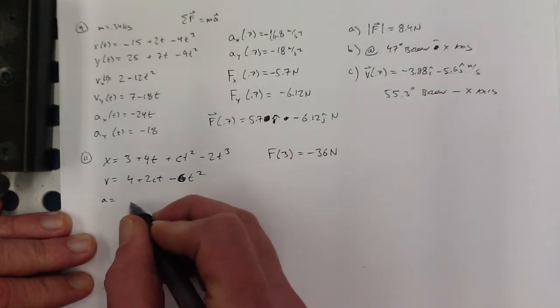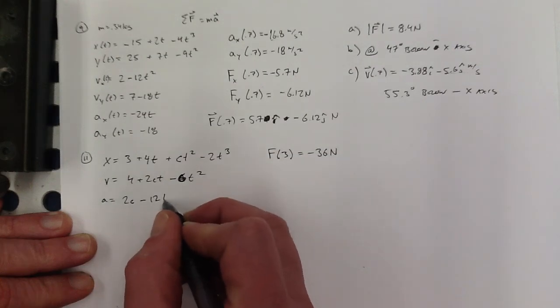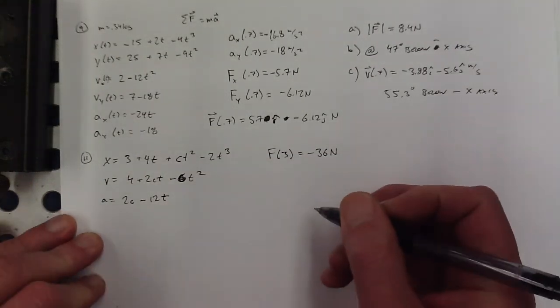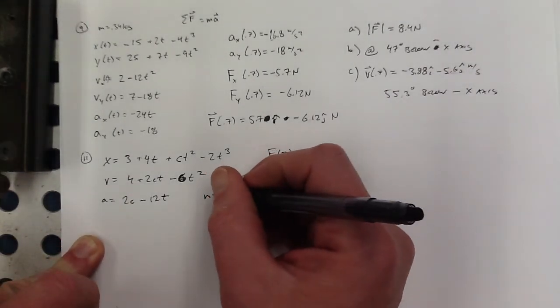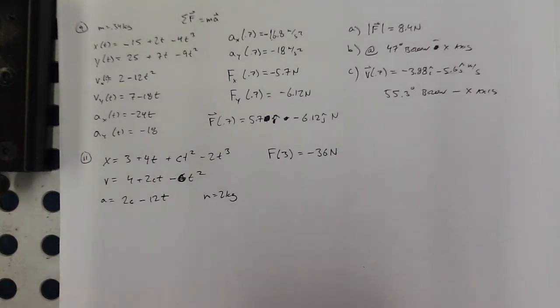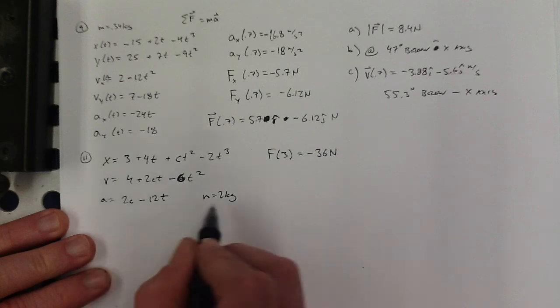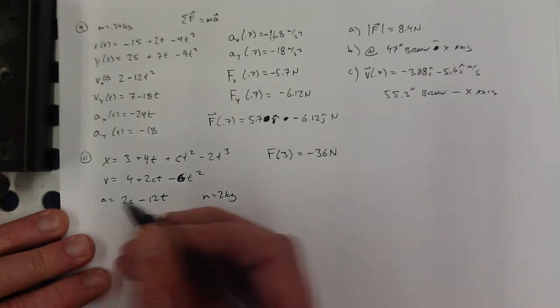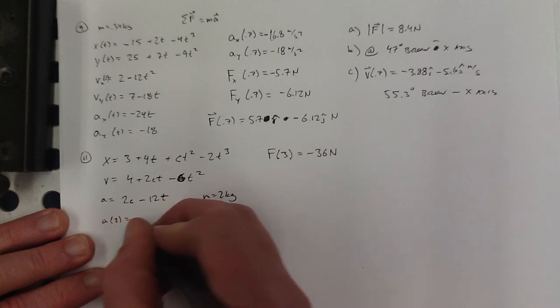The acceleration would be 2c minus 12t. And the mass of this particle is 2 kilograms. It's a big particle. So mass times acceleration. Well, you could find the acceleration at time 3.